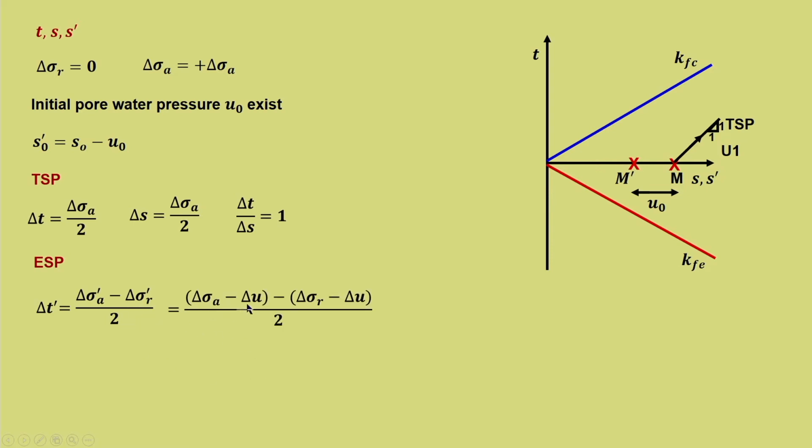Substituting, so delta sigma A minus delta U minus delta sigma R minus delta U by 2. So, now we have the expression for delta U. So, substituting for delta sigma R equal to 0, because that is the condition, we have delta sigma A by 2, because minus delta U minus of minus is plus delta U. So, that gets cancelled. So, it will be delta sigma A by 2.